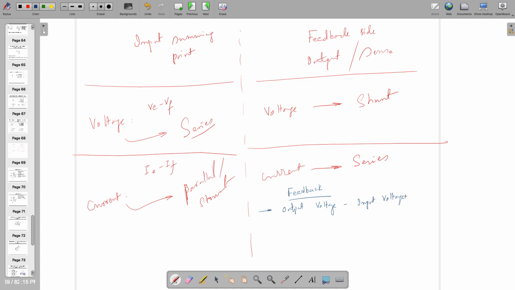There might be the possibility that output is again voltage but at the input side you might have current. Here you might have output as current and input as voltage, or the last one is output is current and input is also current.